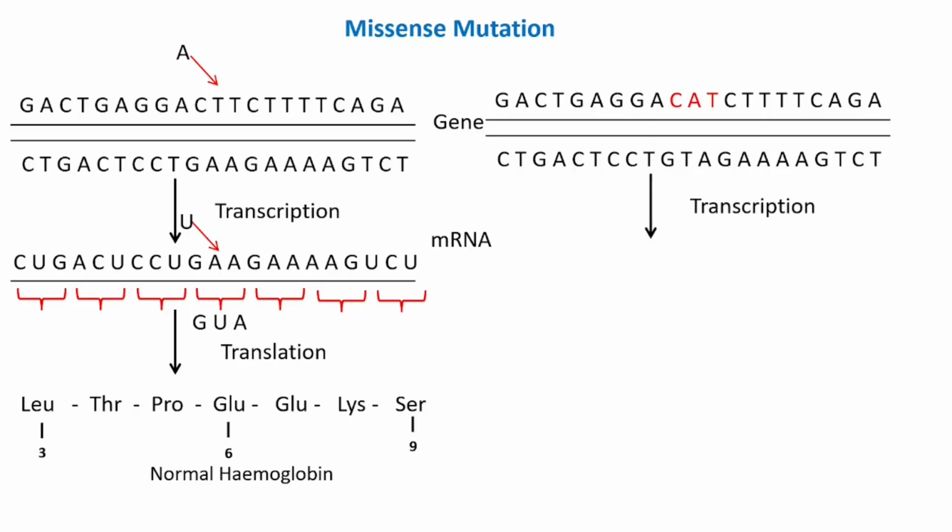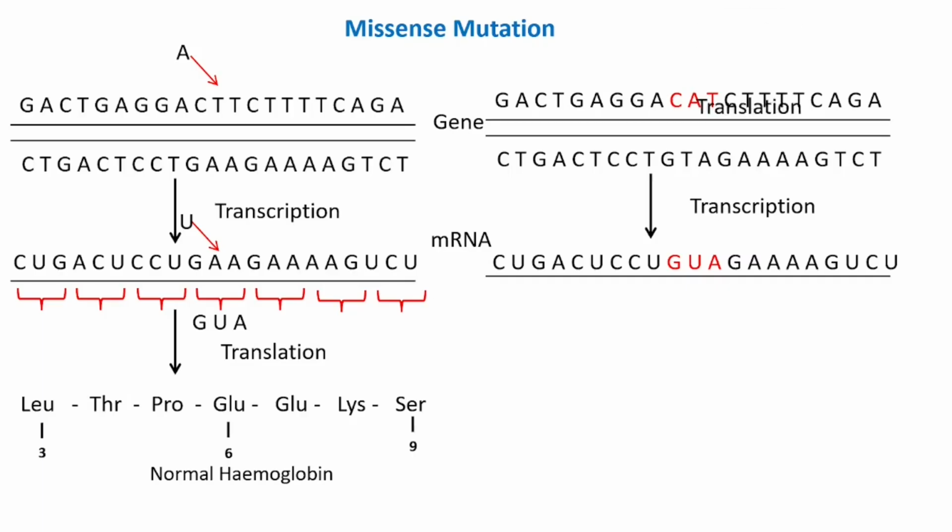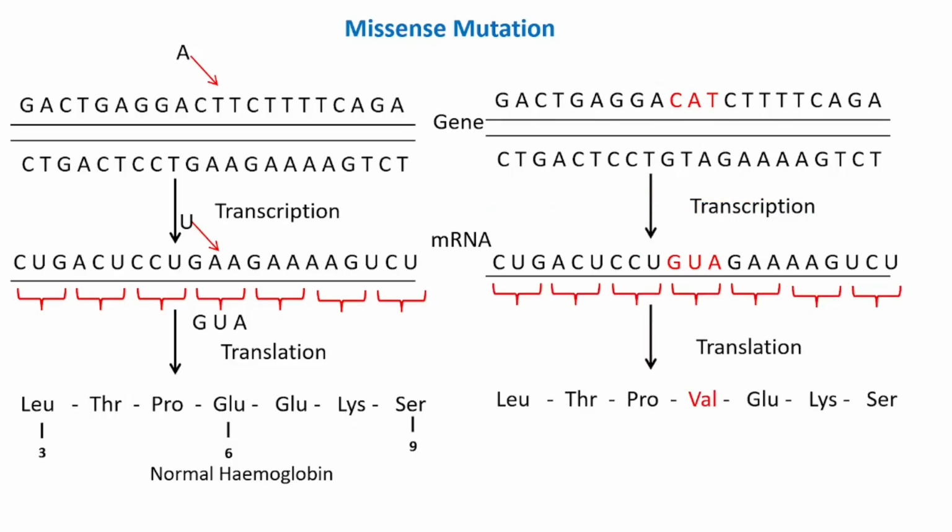Transcription leads to the formation of mRNA with GUA in the place of GAA. I have highlighted GUA in red color. On translation, the protein that is formed has valine in the place of glutamic acid at the sixth position.